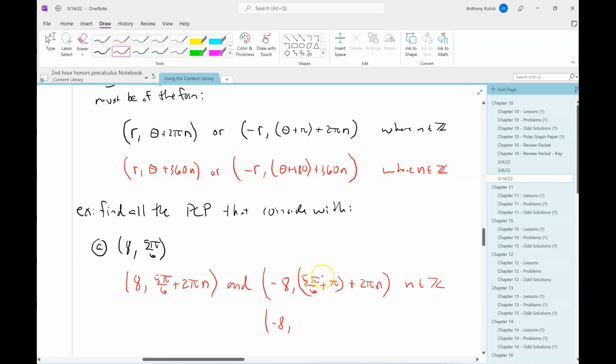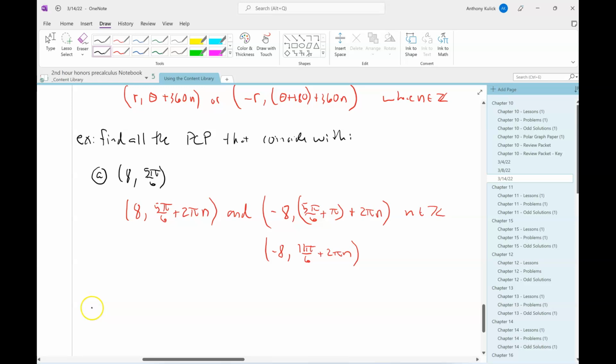So 5 pi over 6 plus pi is 11 pi over 6. But that's it. We're just using those formulas. So no big deal.